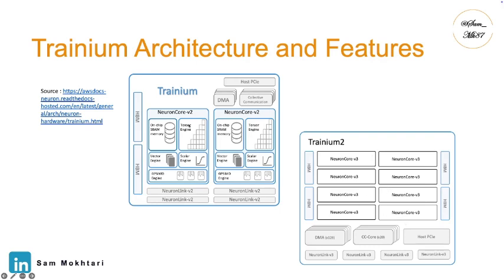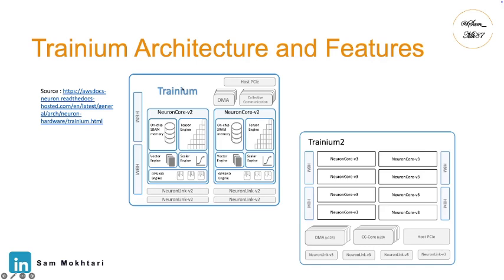Trainium version 1 includes just 2 NeuronCore version 2, while Trainium 2 includes 8 of those. In terms of communication, there are other components within each chip. We have high bandwidth memory as part of each chip, and also Neuron Link, which is for communication between different chips.